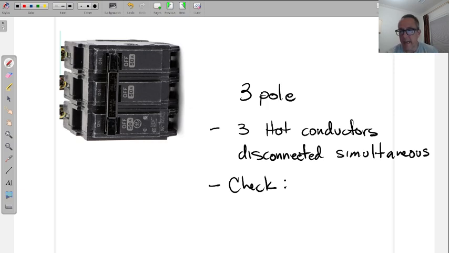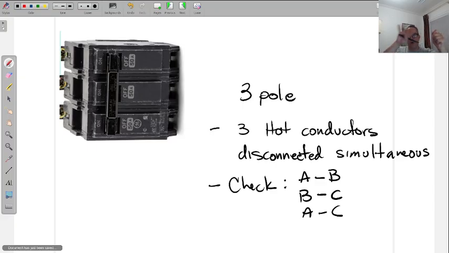No. Check A to B. Check B to C. And okay, yes, I've covered everybody, but let's check A to C as well. This is a good thing to practice for 3-phase. Do the triple check. A, B, then B, C, and then A, C. Check all 3 of them and make sure all 3 give you the voltage you're looking for.